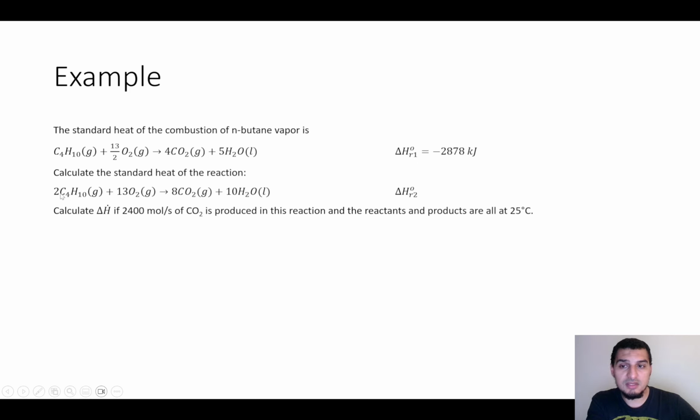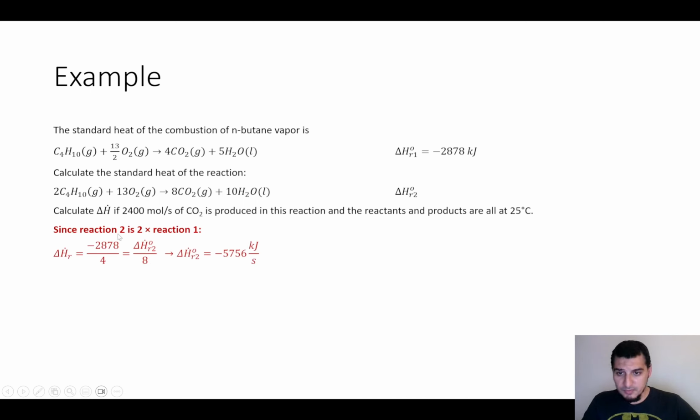So the heat of reaction will also be multiplied by 2. From the definition of heat of reaction, it is the amount of heat produced per 4 moles of carbon dioxide, for example, so this is divided by 4 equals this number divided by 8. So this number is going to be double the heat of the first reaction.